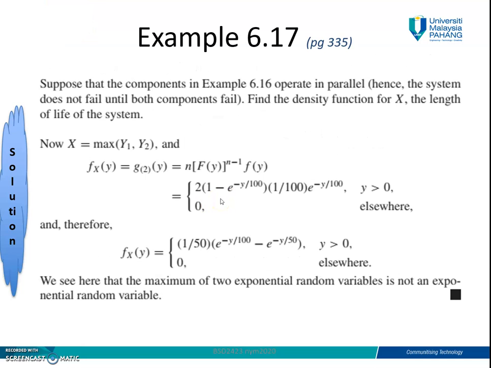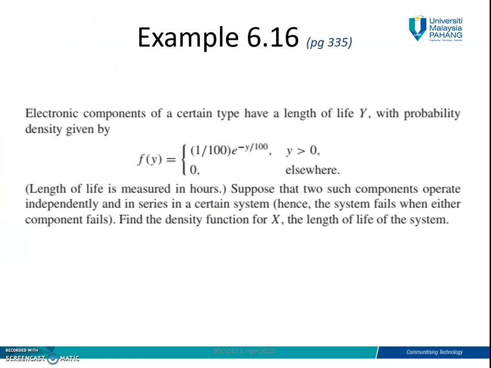Make sure you are clear again. Y is the length of life of the component. X is the length of life of the system. The system will fail if either Y1 or Y2 breaks down. That's why we need to look at the order statistic between Y1 and Y2.